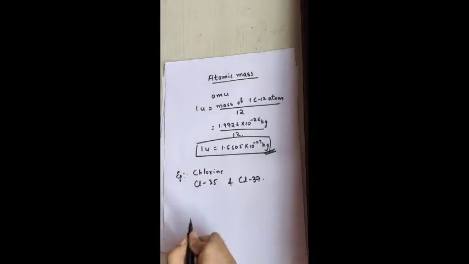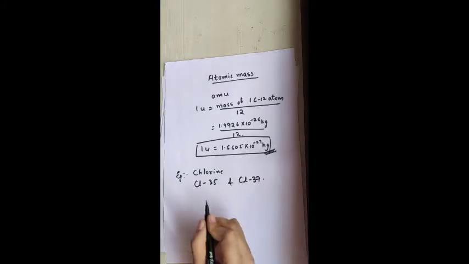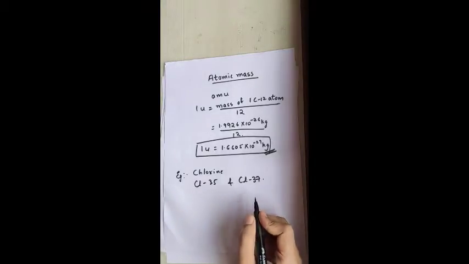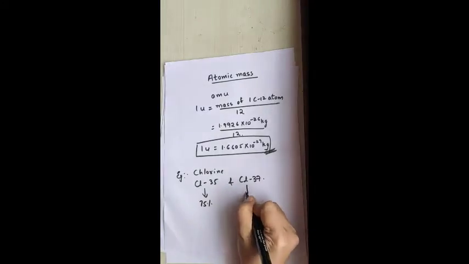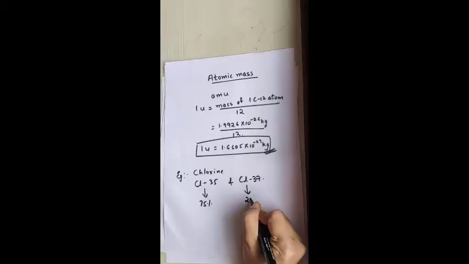Now let us calculate the atomic mass of chlorine. To calculate it, we must know the natural abundance of these isotopes in nature. Chlorine-35 is found to be 75% abundant in nature, and chlorine-37 around 25%.